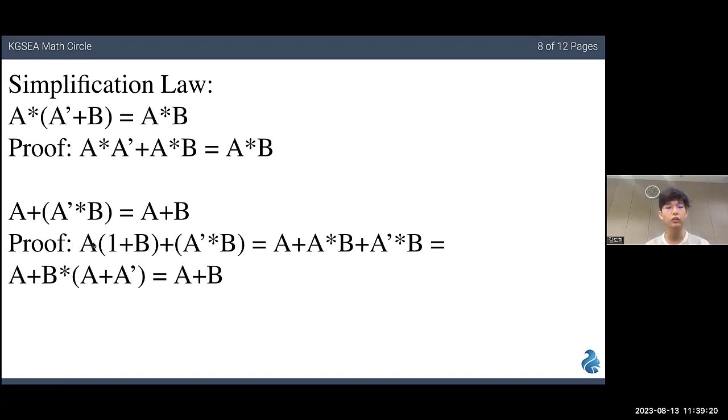Distributing A to 1 or B will return (A or A and B), or (not A and B), which can be factored out into B with (A or B) and parentheses (A and not A). Since A or not A will always equal 1, it can thus be simplified into A or B.